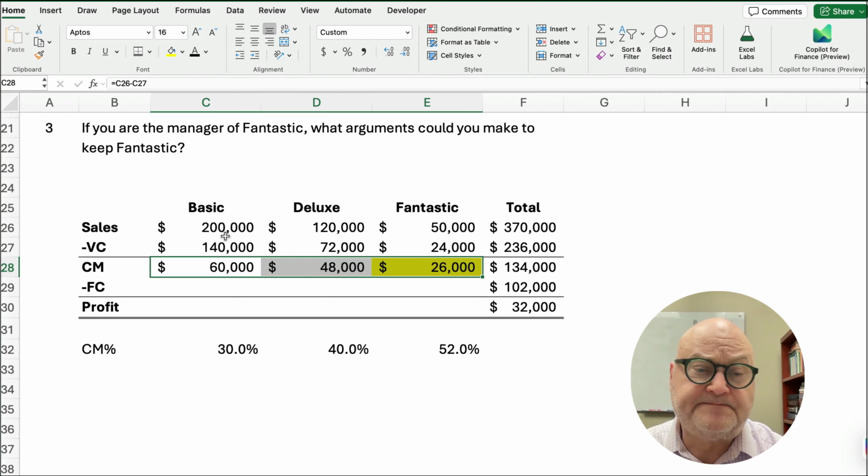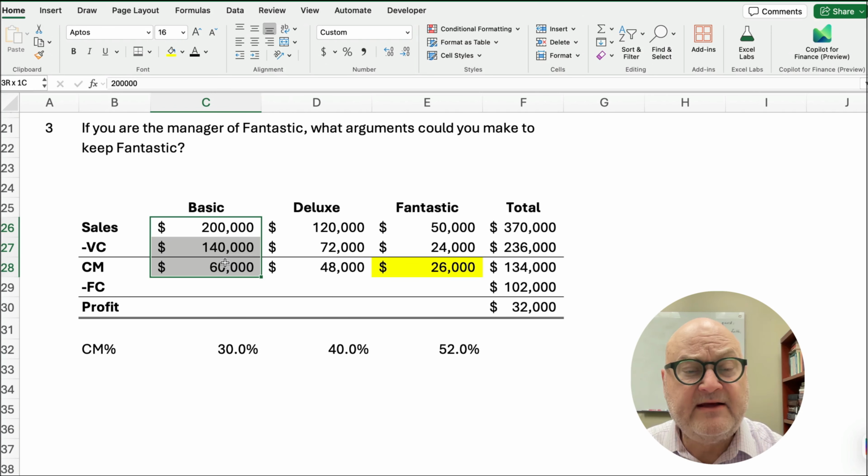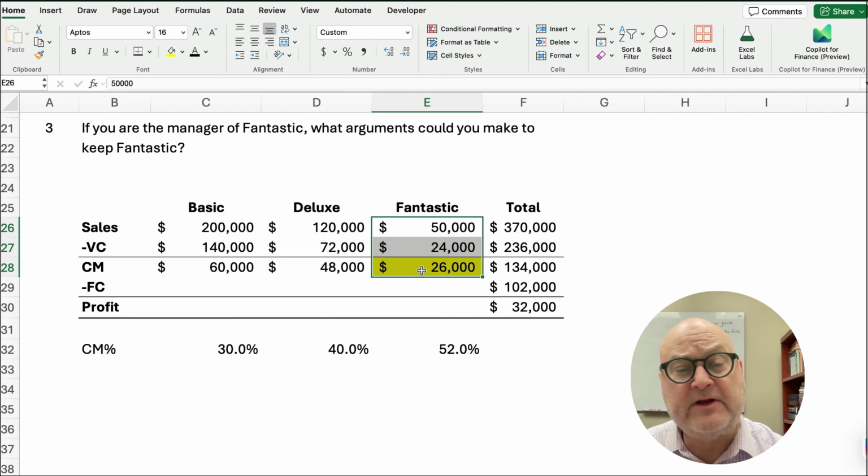So you say, hey, look, basic, if you do it by dollars, you're making 60,000 in contribution margin, and fantastic is only 1/4 of the size, but we're making almost half the 60,000 in contribution margin. We need fantastic, and we'd love for fantastic to grow, right?